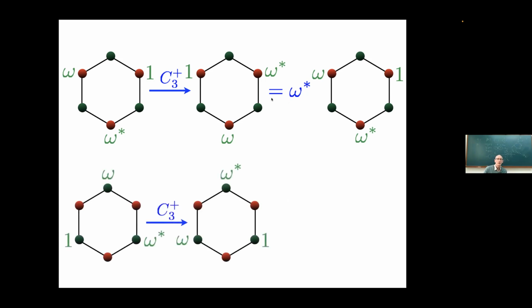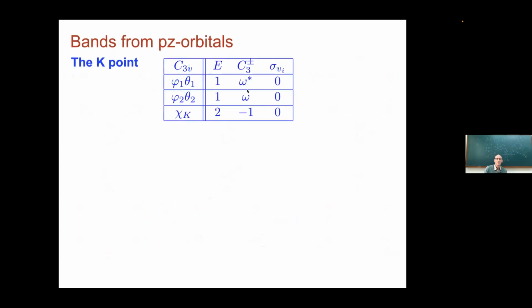You can do exactly the same thing for the green atoms, the 2 atoms of type 2, and you get just this phase. You can do this at home. So this explains the omega star and omega phases here. And whenever you work with electronic bands, you may have to compute phases.